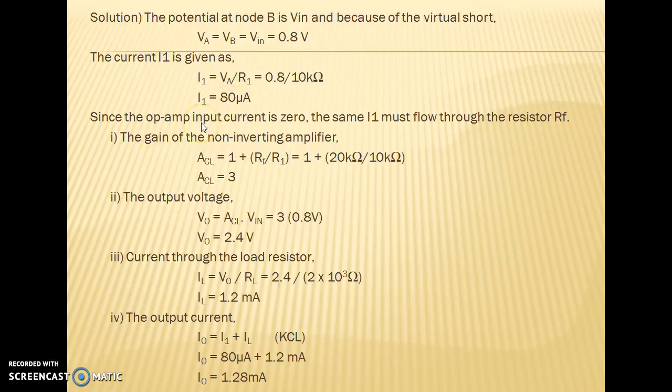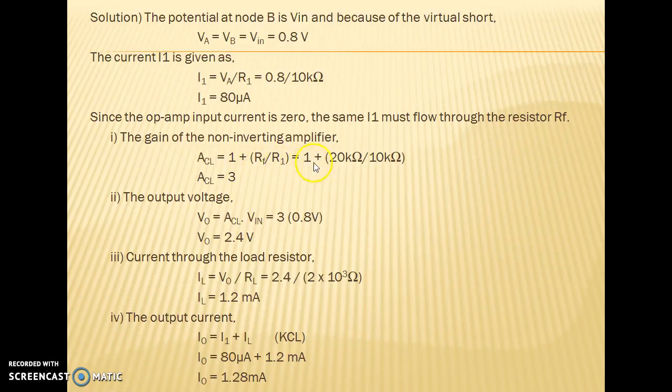Since the input current is 0, the same I1 must flow through the resistor RF or R2 as in the figure. So the gain of the non-inverting amplifier, as per the expressions that we have derived, the closed loop gain, is given by 1 + RF/R1, or as earlier we have referred, R2/R1.